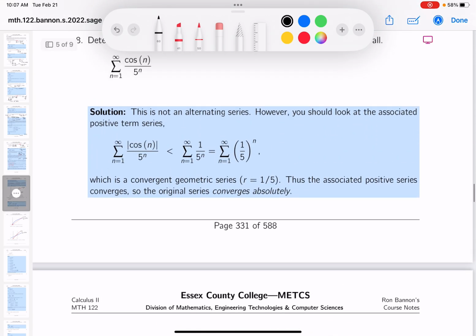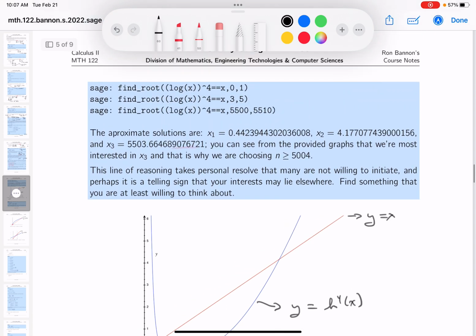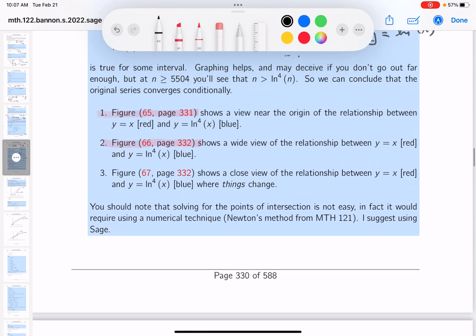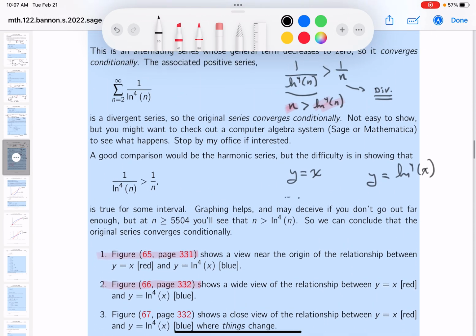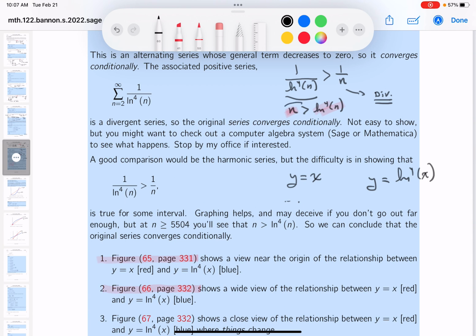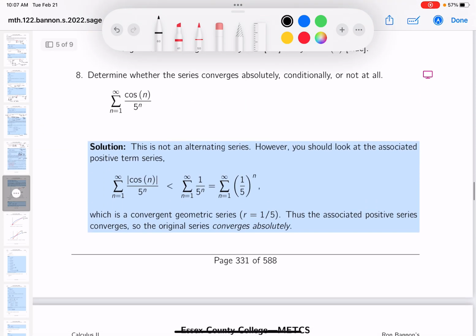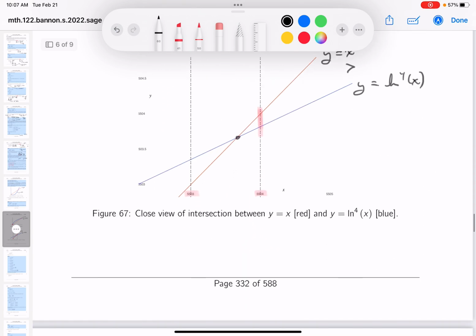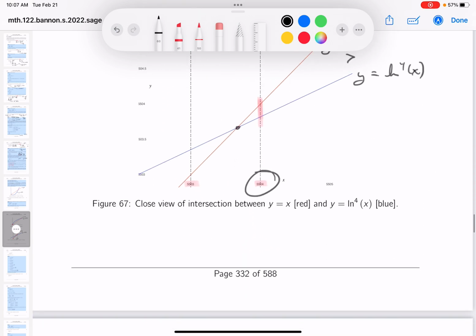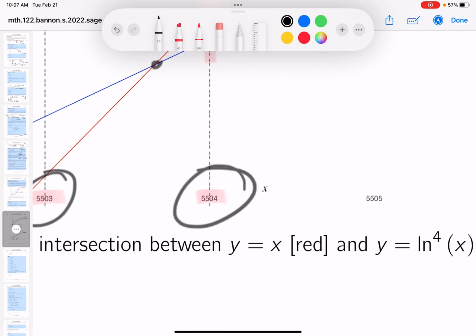You might need help with this using tools. I wanted to go over what we just showed: this is true for some n greater than or equal to, let me go back over that. I can't remember the number. We want an integer, I'm not going to give a decimal, I'm going to give an integer, 5,504, right? You see that?